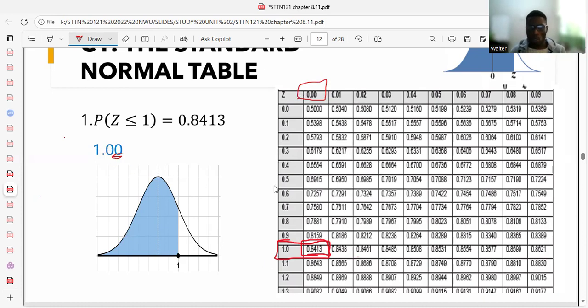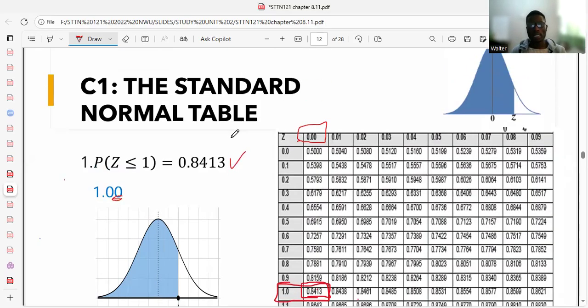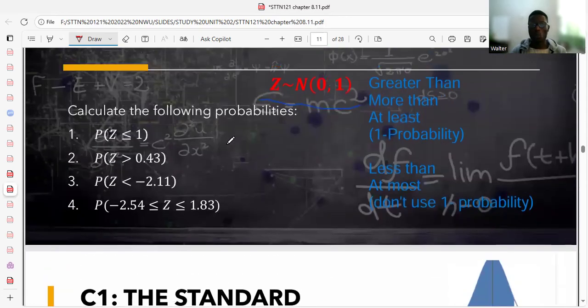So you go to the z value of 1.0 and under 0.00, which gives you 0.8413. That's the reason why they didn't use 1 minus. Remember, if you are dealing with at most, you don't use 1 minus. But if you're dealing with something like greater than, we use 1 minus the probability. Now I know how they got that answer.